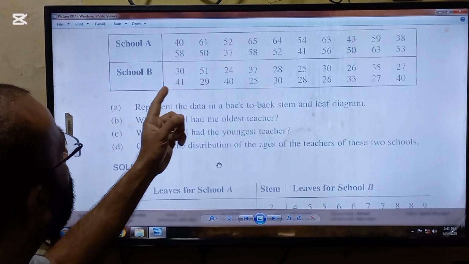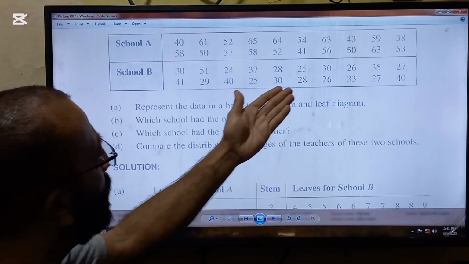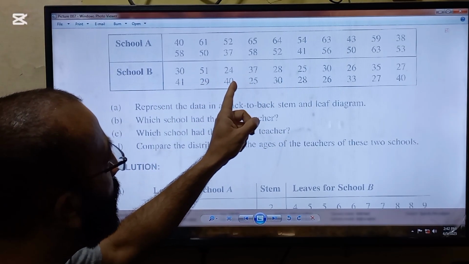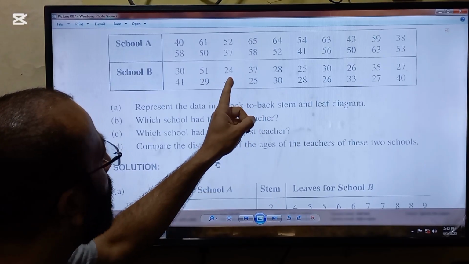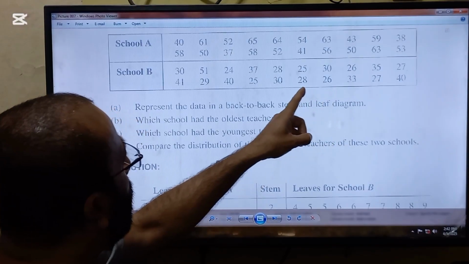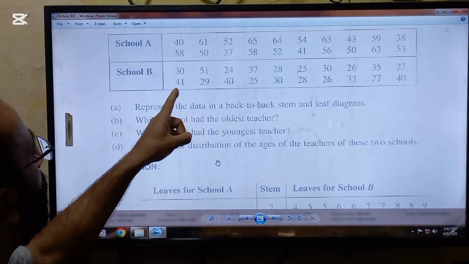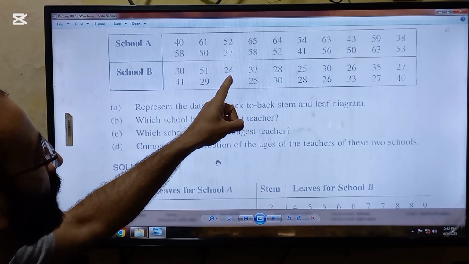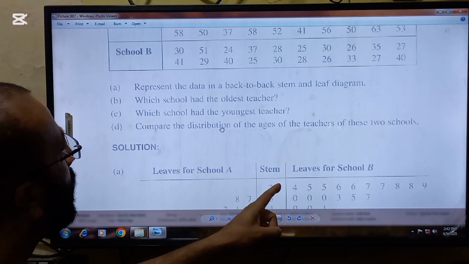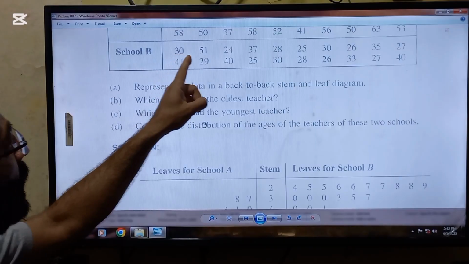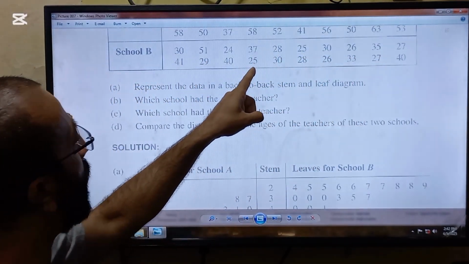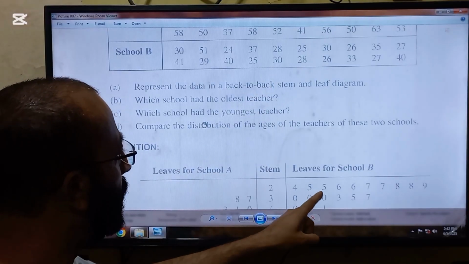For example, for school B, we will count the 20s first because 20s is the minimum value. So 24 is coming only one time. So the ones digit is 4, and 4 will be written once. Then 25 is one time and two times, so 5 will be written twice.